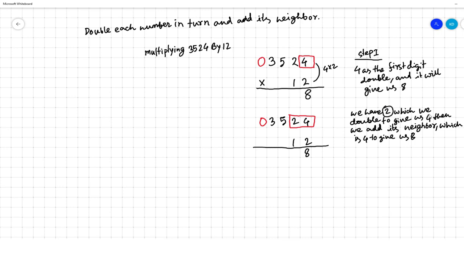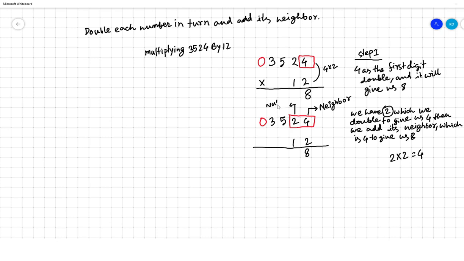So here we have 2, so 2 into 2 is 4, and add to its neighbor. This is our neighbor, 4.